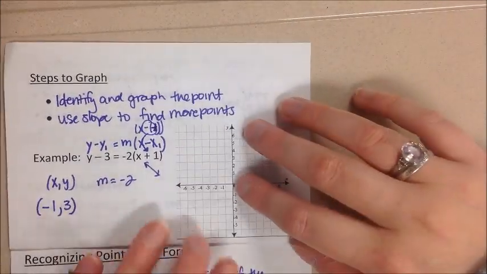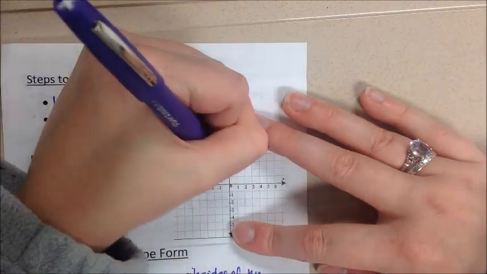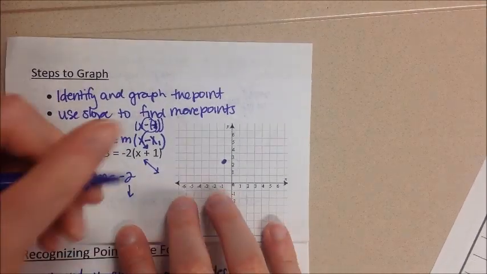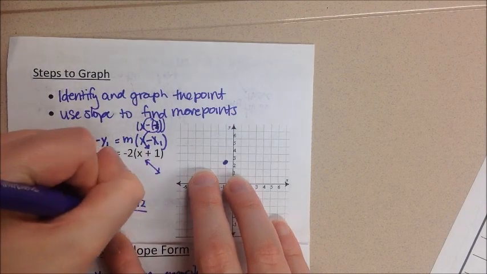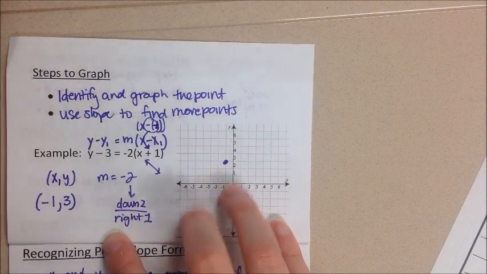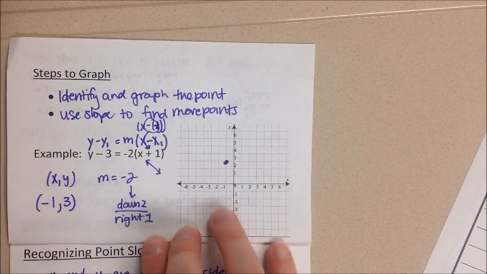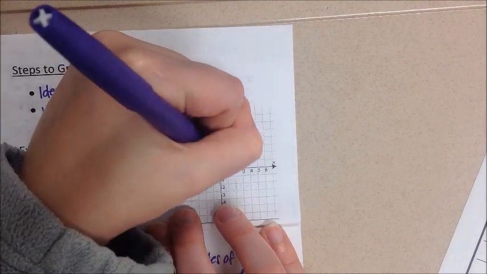So I need to go on my x is -1, my y is 3. And then when I'm going to graph this, I'm going to go down 2 and right 1, because down is negative, but right is positive, so negative divided by a positive gives me a negative. So down 2, right 1.